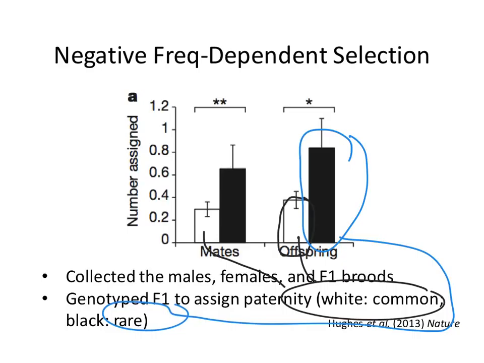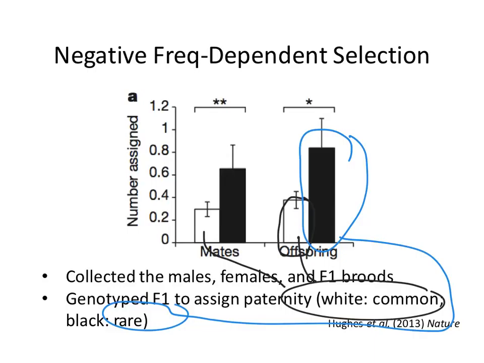Dr. Ross? Yeah. I'm a little confused. What do you mean by the white common male? Sorry, so the white bar up here indicates the common male was the father of that many offspring. So that has nothing to do whether it had a clear tail? Correct, yes. So this was in both directions.